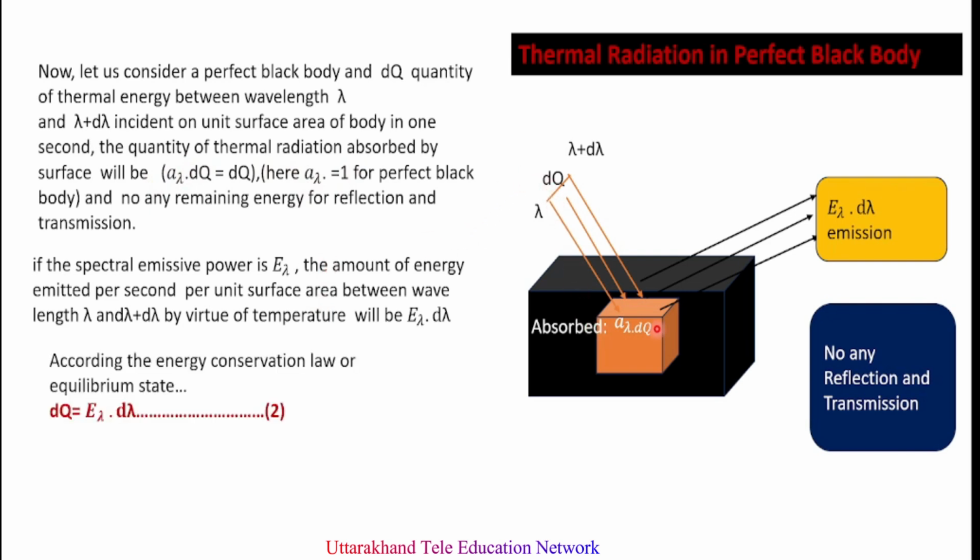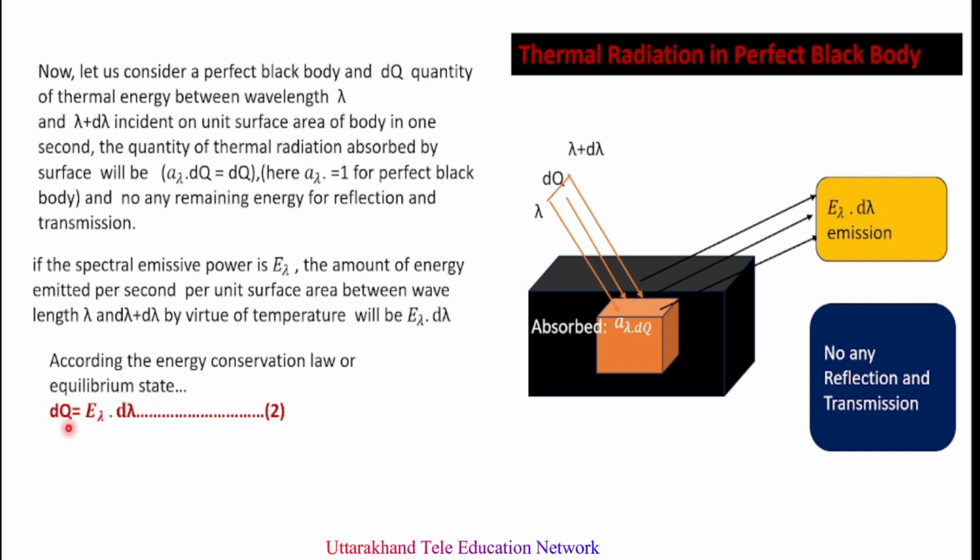Now we apply the same energy conservation or thermal equilibrium law: incoming radiation should be equal to outgoing radiation. So our incoming dQ is equal to E_λ dλ. This is our equation number 2.